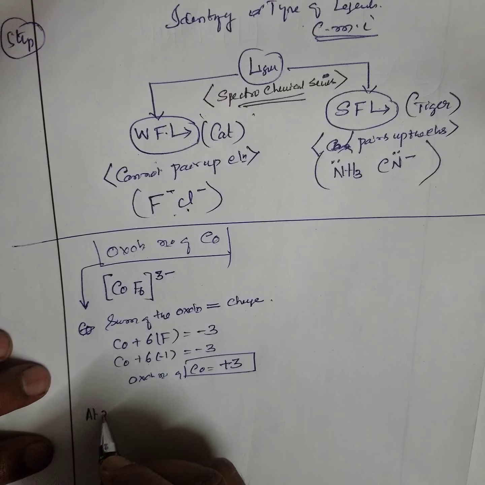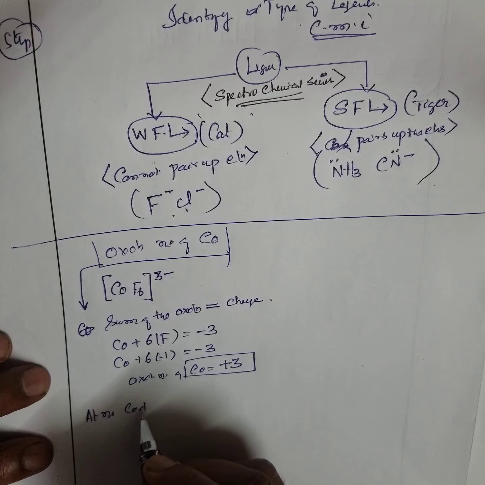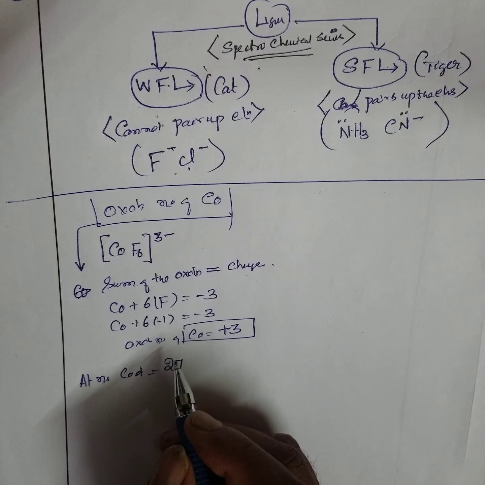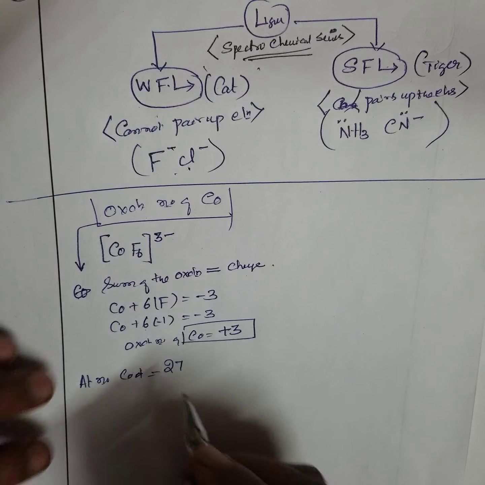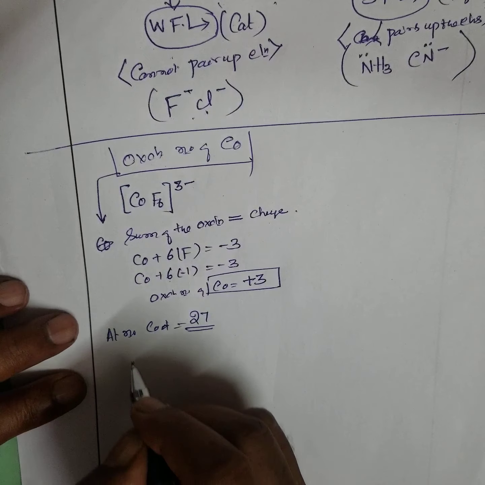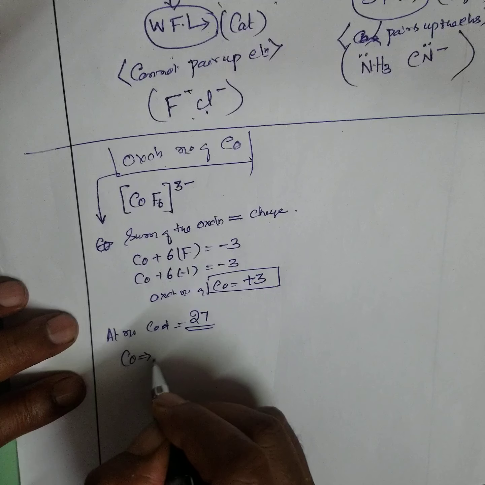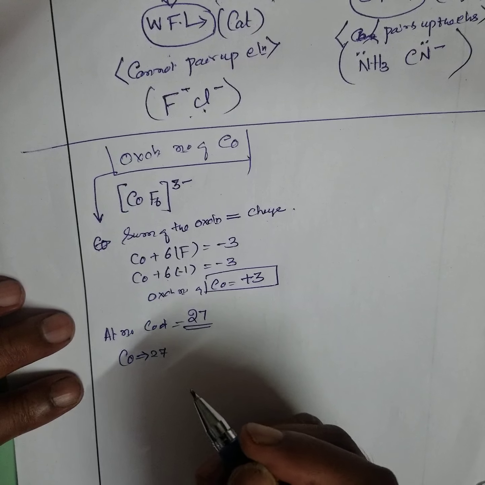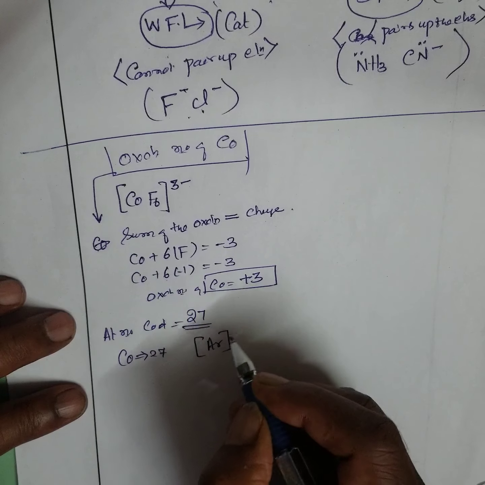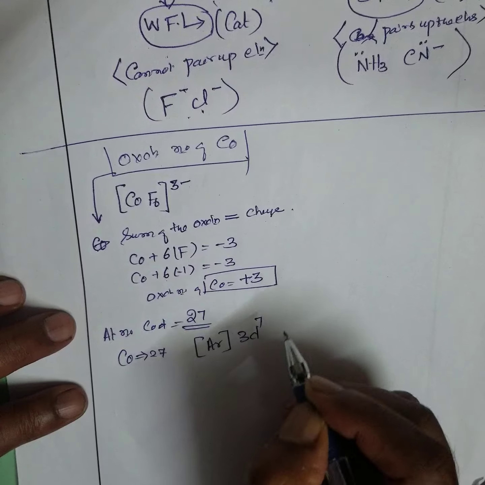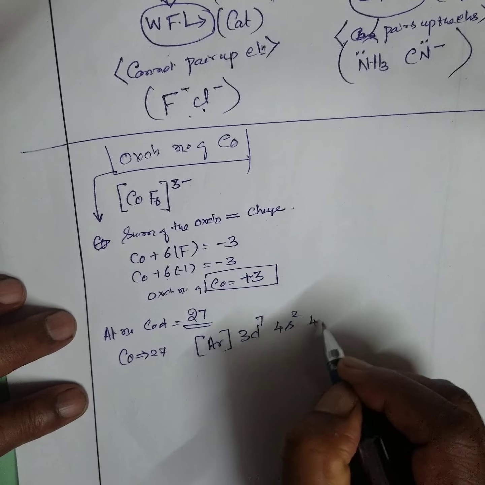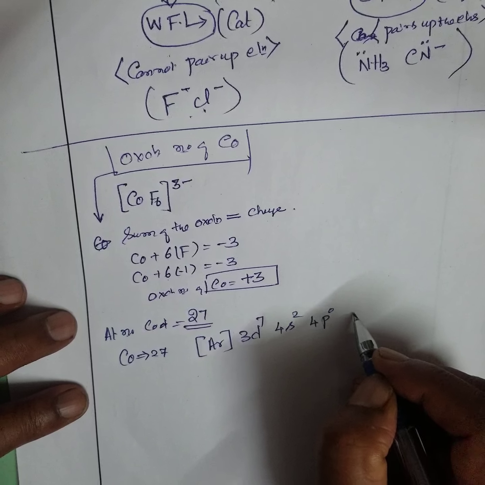The atomic number of cobalt is 27. Therefore the electronic configuration is argon, 3d7, 4s2, 4p0, 4d0.